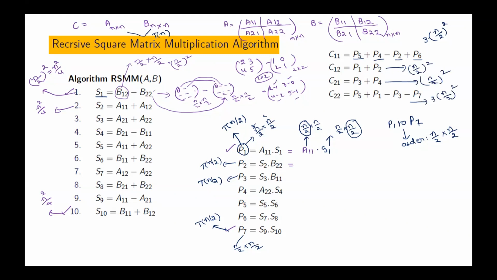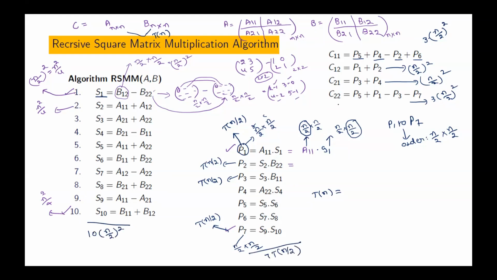Now tell me, what is the total amount of work we are doing in this algorithm? T of n equals: these 10 matrix additions or subtractions we need to calculate, and the time for all these 10 is 10 times n by 2 whole square. What is the time for these 7 matrices? 7 times T of n by 2.